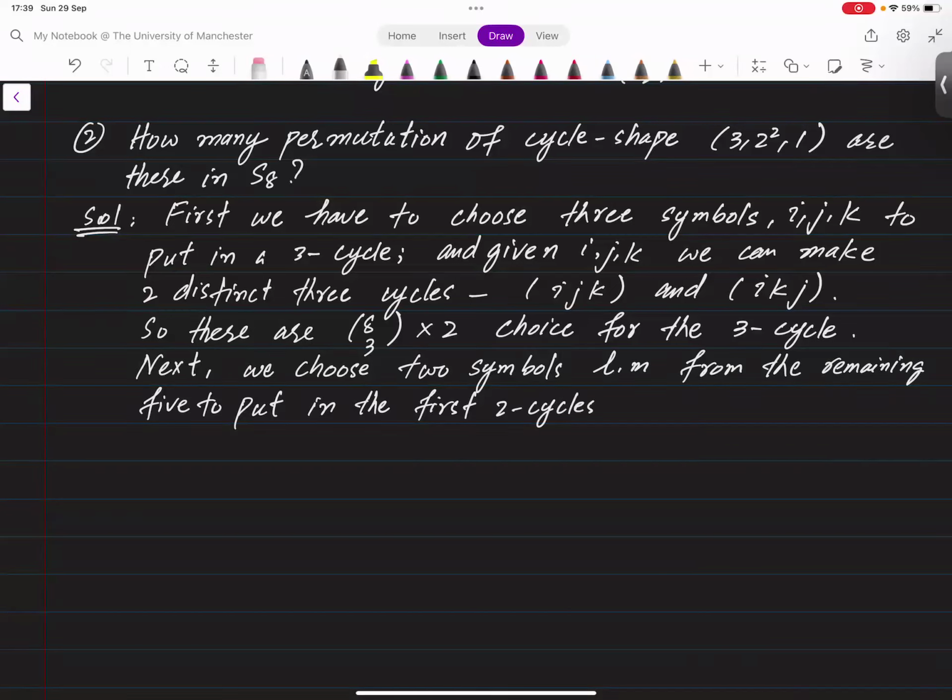Then 2 more, which are n, o, to put in the second 2 cycle.